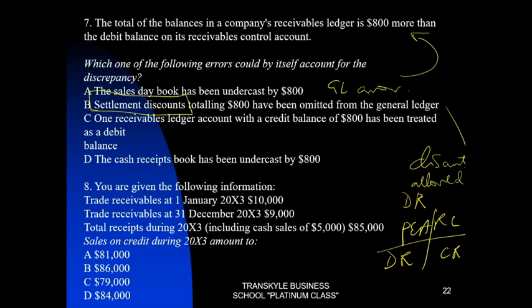However, from the type of question here, we only want one possible cause for the discrepancy. Certain assumptions could be very dangerous, while others could be very helpful. Assume this settlement discount is discount allowed.